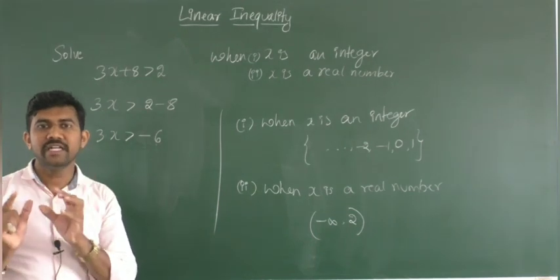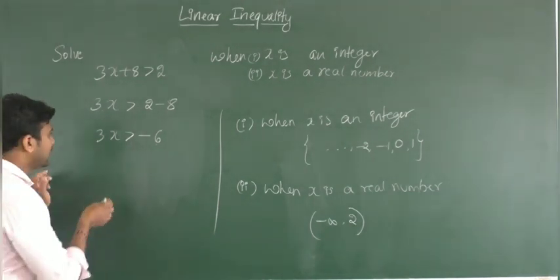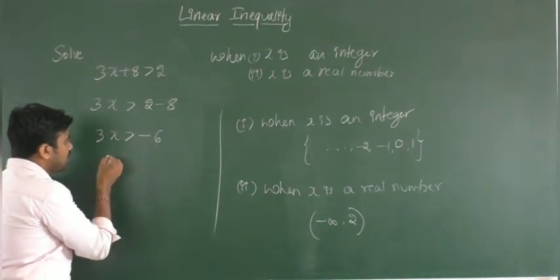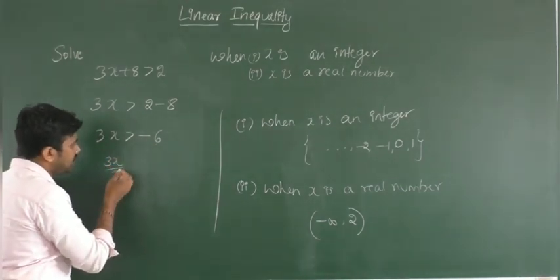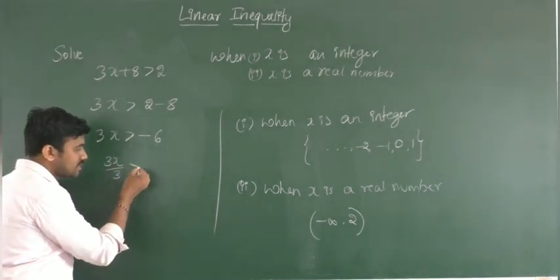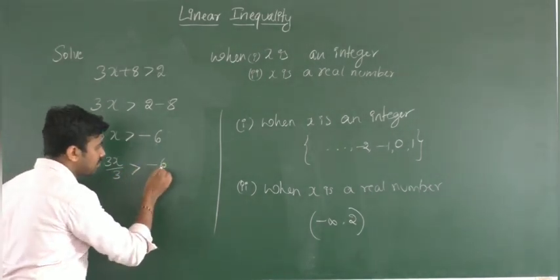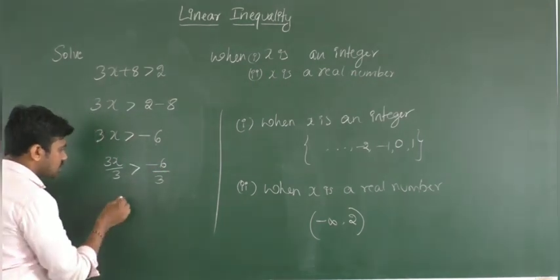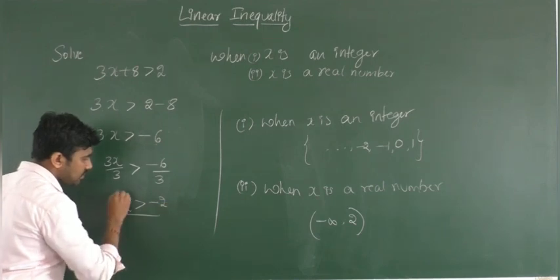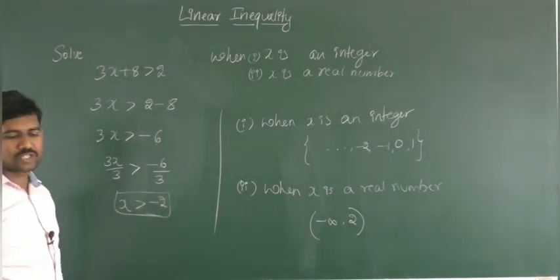So we have to divide by 3 on both sides. So if we divide by 3 on both sides, what will we get here? 3x divided by 3. I am dividing by a positive number, so the inequality sign is not reversed here. -6 by 3. So this is nothing but x is greater than -2.